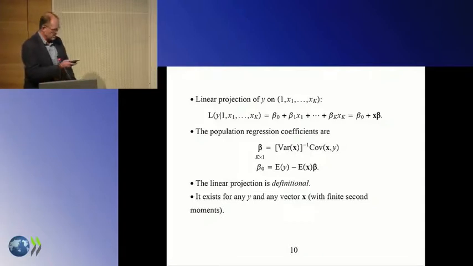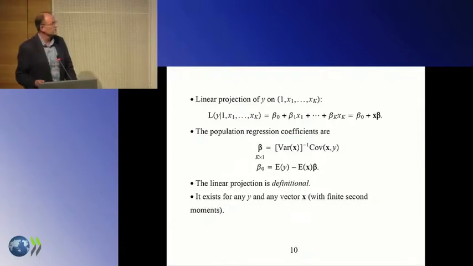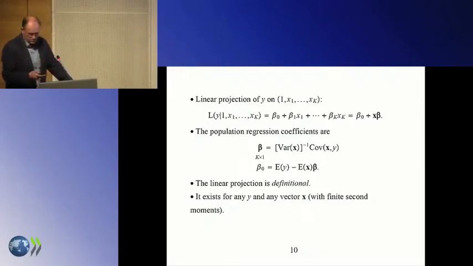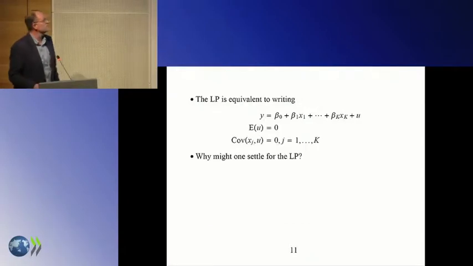And I should remind you that this can be very flexible because, of course, we can choose x1 through xk. These things can be all the usual things: interactions, squares, logs, any kind of functions you want. Okay, so the point is that this is definitional, and so this is a quantity we can always hope to talk about estimating. Whereas the conditional mean requires many more assumptions to argue that we're going to get a consistent estimate of that.